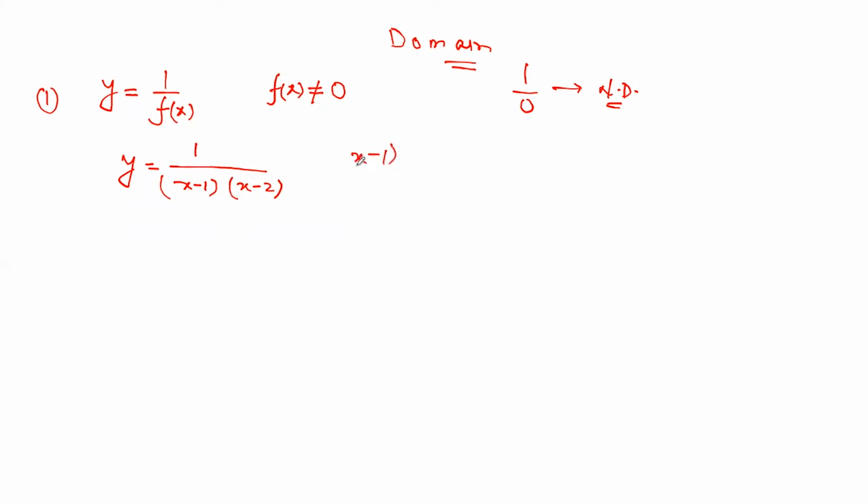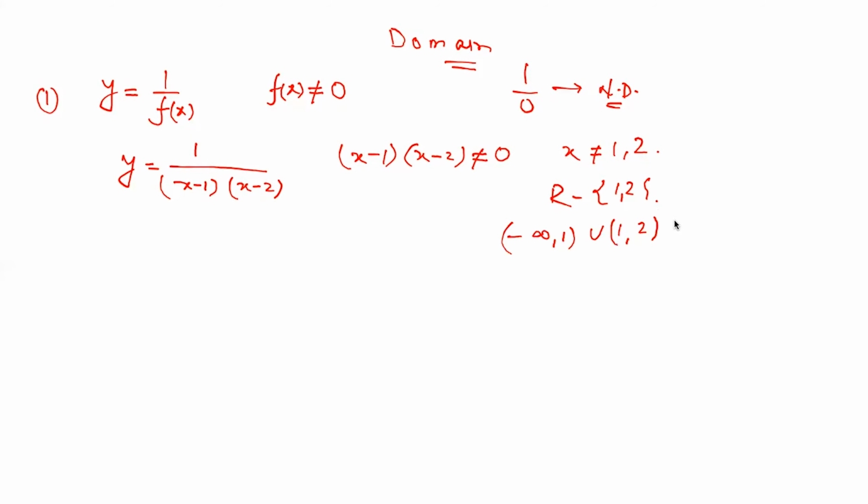So the domain is (x minus 1)(x minus 2) not equal to 0, means x not equal to 1 or 2. So we can write all the real numbers except 1 and 2, or we can write this as minus infinity to 1, union 1 to 2, union 2 to infinity, all in open brackets.